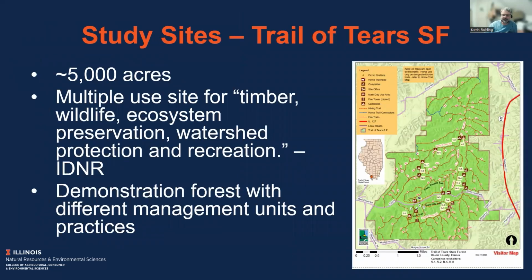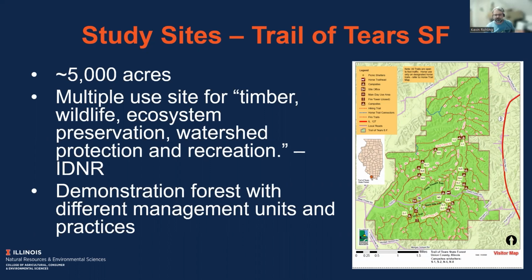In terms of the study sites, we have Trail of Tears State Forest on the west side, which is around 5,000 acres, and it's managed for multiple use, including timber, wildlife, ecosystem preservation, watershed protection, and recreation.